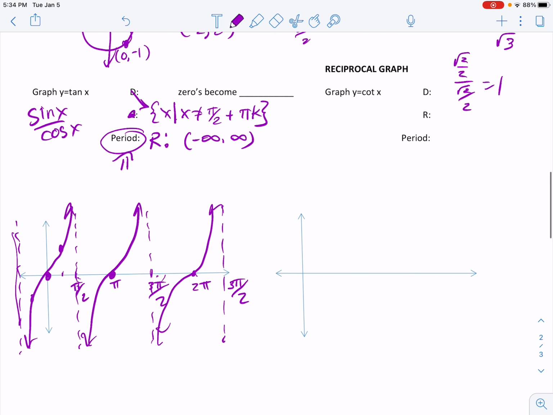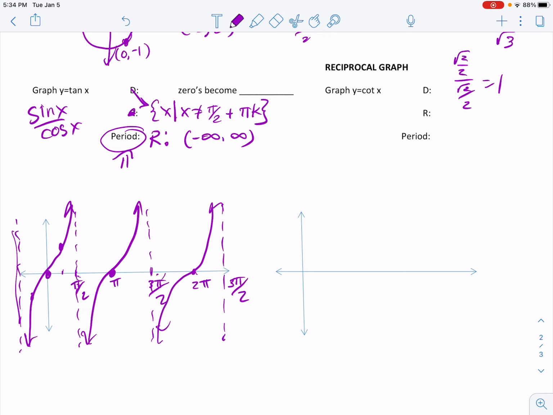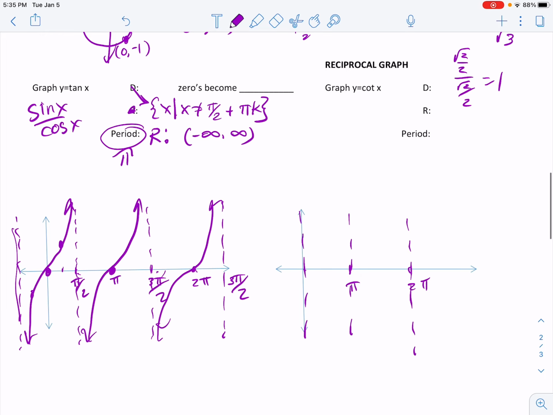The cotangent, remember your zeros become asymptotes. So now we're going to have an asymptote at pi and at 2 pi and at 0. 1 over 1, so you're at, that was pi over 4, is 1. 0 over 0 is still 0.